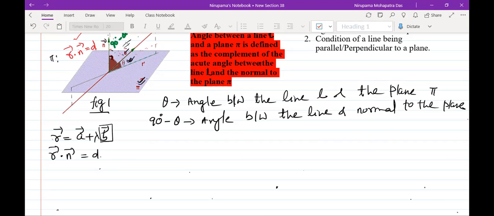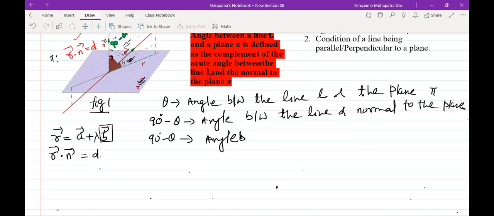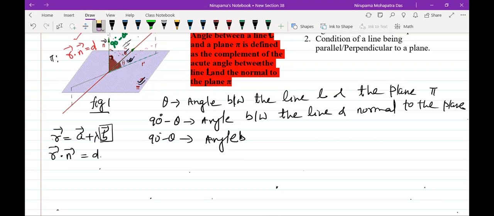So 90 degree minus theta will be the angle between the b vector and the n vector.